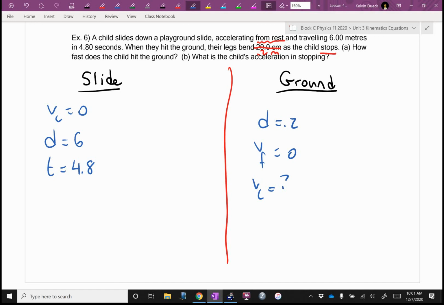Donald, loud and proud. How fast you hit the ground, how fast you are at the bottom of the slide must be the same speed as how fast you are at the beginning of when you hit the ground. See what he said? That gets you a candy. That's good.